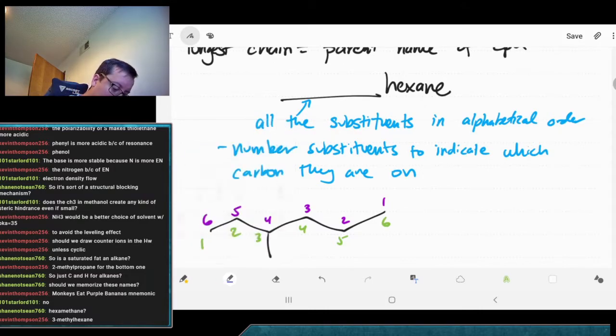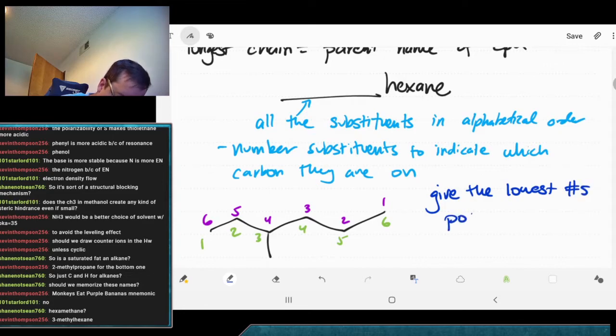The rule here is give the lowest numbers possible. Depending on where we start our numbering, from the left or from the right, we want to give the lowest numbers possible, what are called locator numbers.